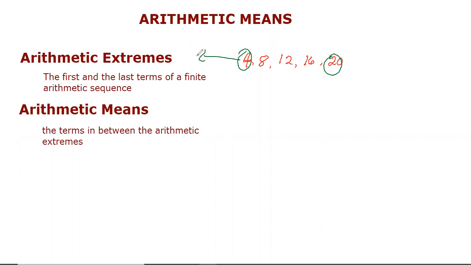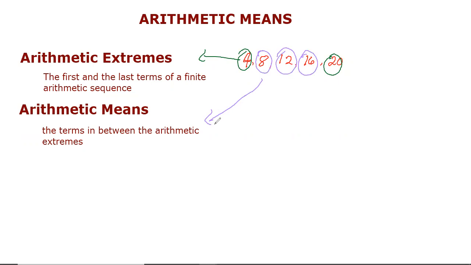And when we say arithmetic means, the terms in between the arithmetic extremes, yung nasa gitna ng dalawang arithmetic extremes. So what are they? Sila po ay si 8, si 12, and si 16. Yan po yung tinatawag nating arithmetic means.